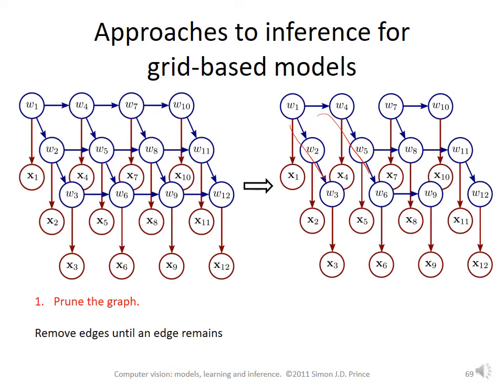So we've lost some of our dependencies between variables. W3 no longer has this edge to W6, but because it's connected through a bunch of other neighbors, we might get away with it in that we've lost a little bit of the information sharing, a little of the regularization that was happening between W3 and W6. There's still some present in a kind of second and third order way.